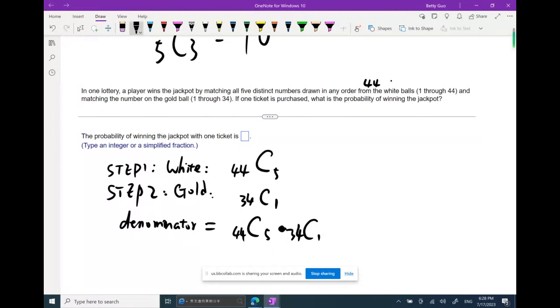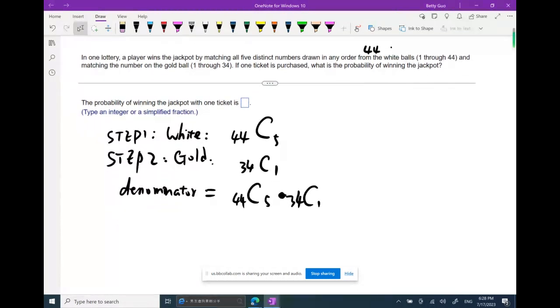Okay, that's the denominator. We are looking for the numerator. What's the event we are looking for? The event is getting the jackpot. So from the white balls, in any order.